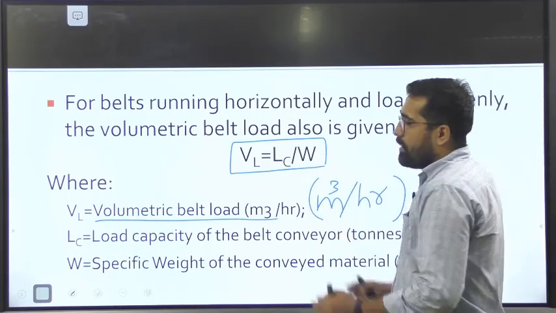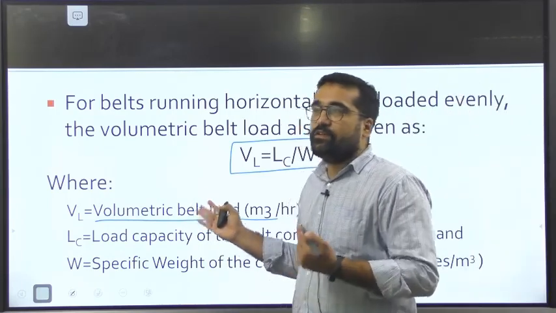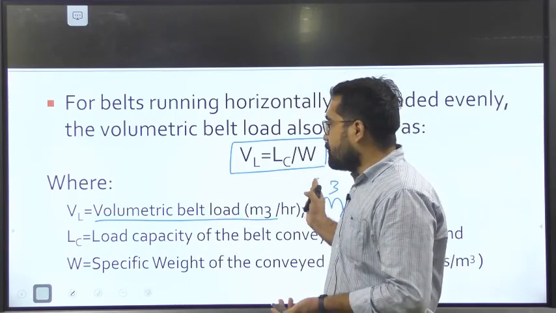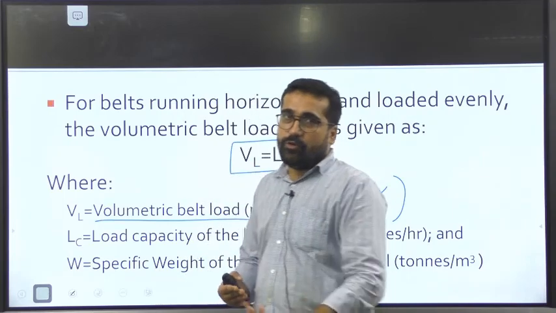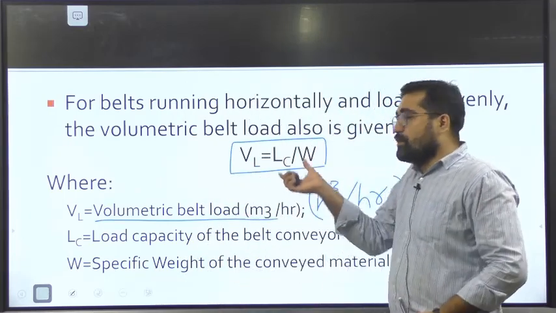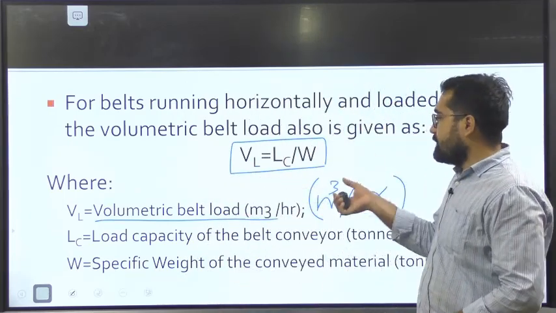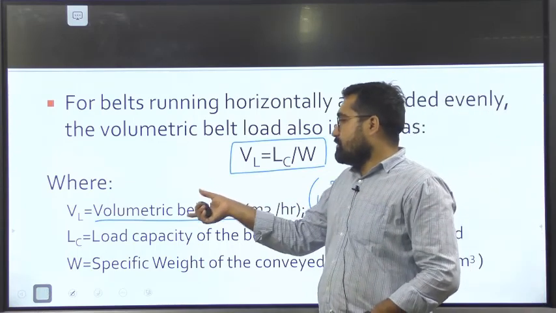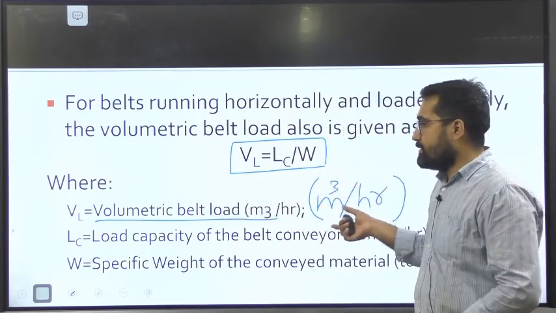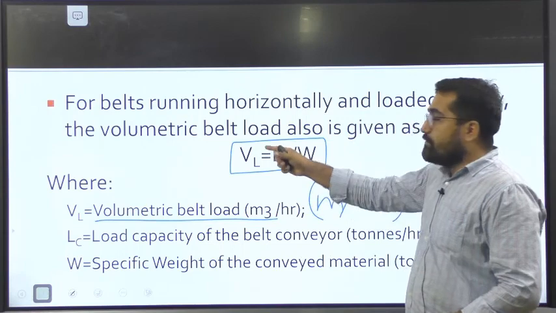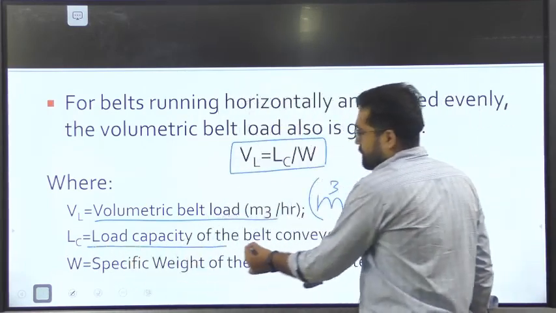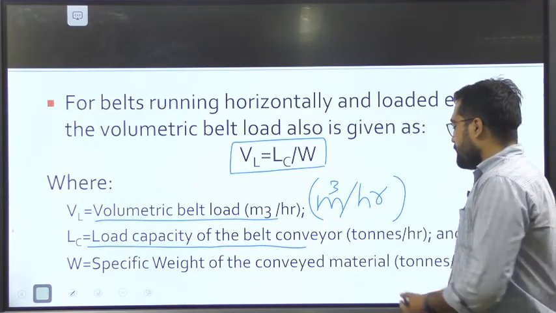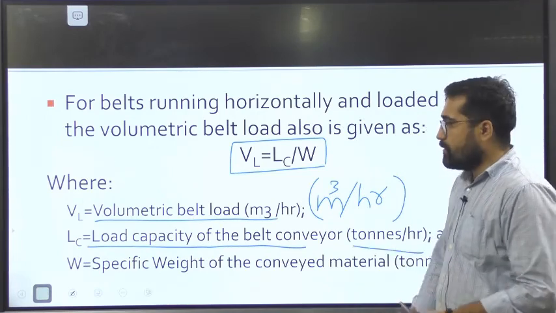In 1 hour, how much volume? If we are dealing with liquids, liquid food or powdery material, then we are going to deal with them in volume only. So for finding out the volumetric load of the material, we have to find out the volumetric belt load. Here LC is the load capacity of the belt conveyor in tons per hour, which we already know.